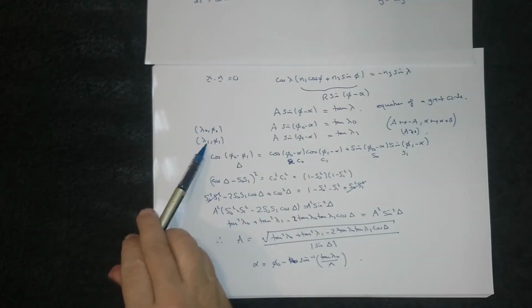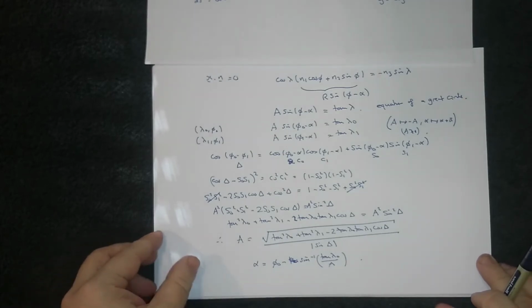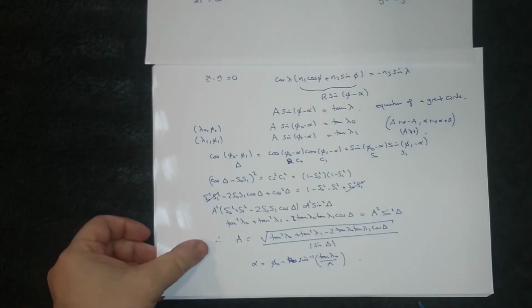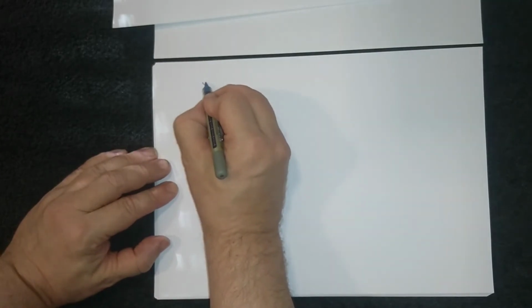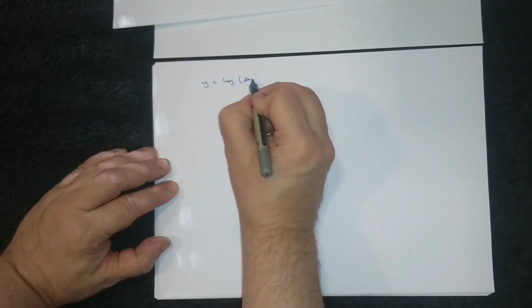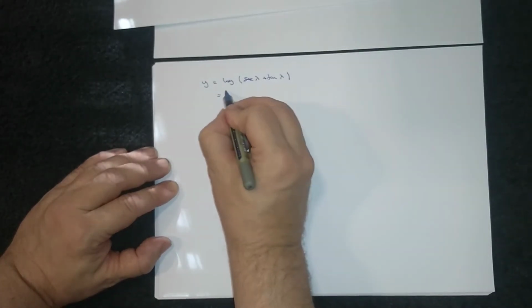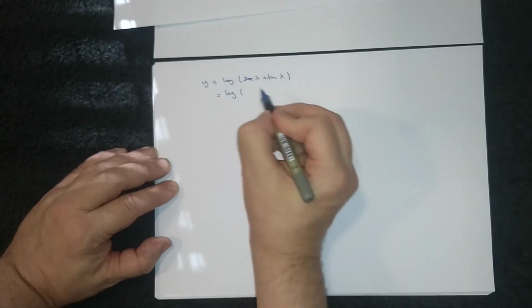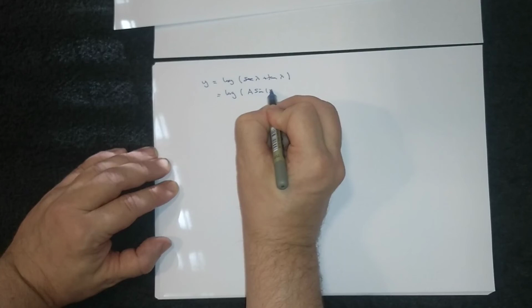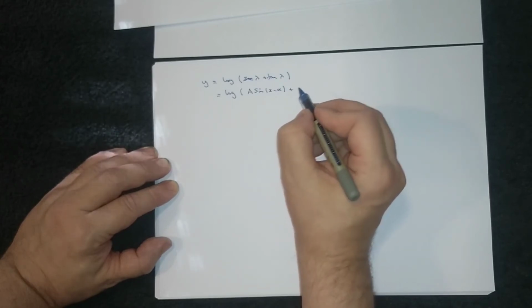So given our two locations, I can find a and alpha, and then what I can do is draw a graph with y equals the logarithm of sec lambda plus tan lambda, which is the logarithm of a sine x minus alpha, and that was the tan.